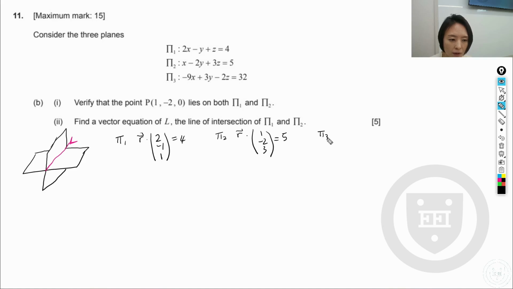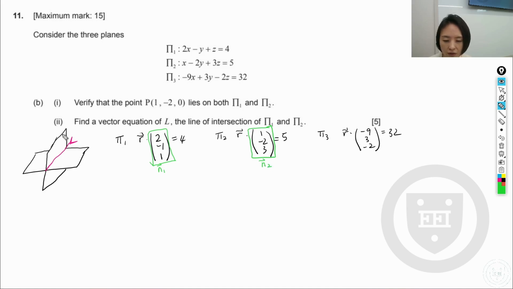Pi3 is r dot (negative 9, 3, negative 2) equal to 32. These vectors are the normal vector of plane 1 and the normal vector of plane 2. Let's call them N1 and N2.